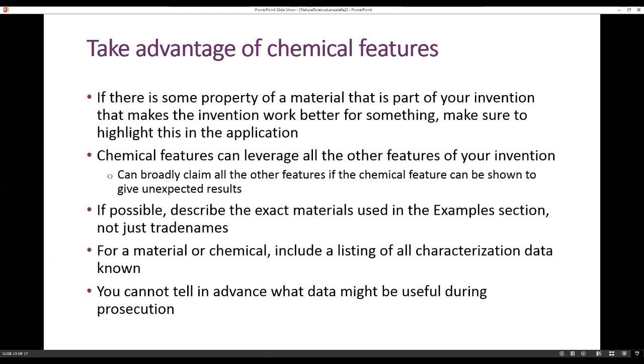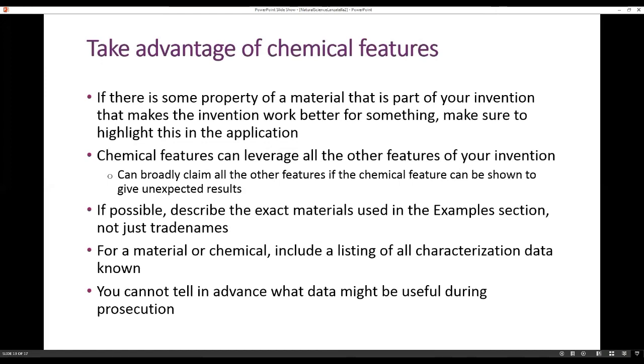So some feature of the invention that is a material or chemical compound, and ideally, it's a feature where you can test it against the prior art, basically compare it to the prior art and show that something is better as a result of that chemical feature. These are the situations that you really want to capitalize on those features.